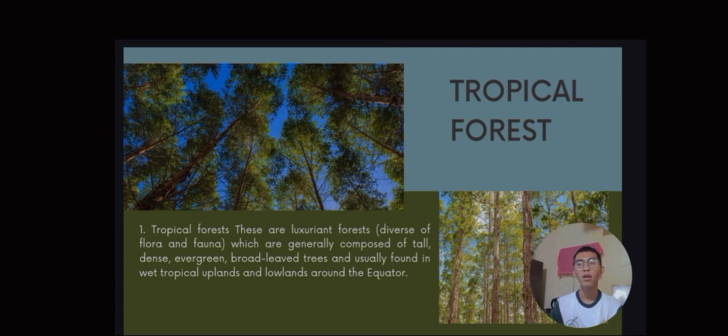So we have tropical forests here in the Philippines. And the most common tropical forest is the Amazon. As you can see in the picture, the trees are very tall, and the leaves are evergreen.